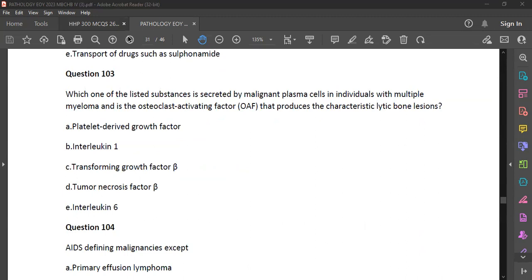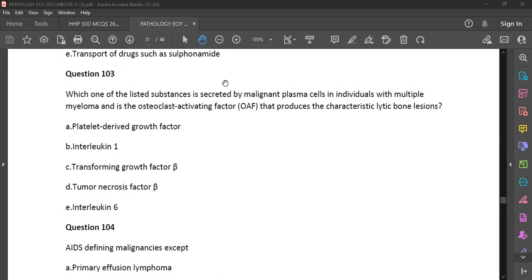103, I'll do this one. Which one of the listed substances is secreted by malignant plasma cells in individuals with multiple myeloma and is the osteoclast activating factor that produces the characteristic lytic bone lesions? So I know of two: one, interleukin-1, and two, RANKL. RANKL basically means receptor activator of nuclear factor kappa B ligand.